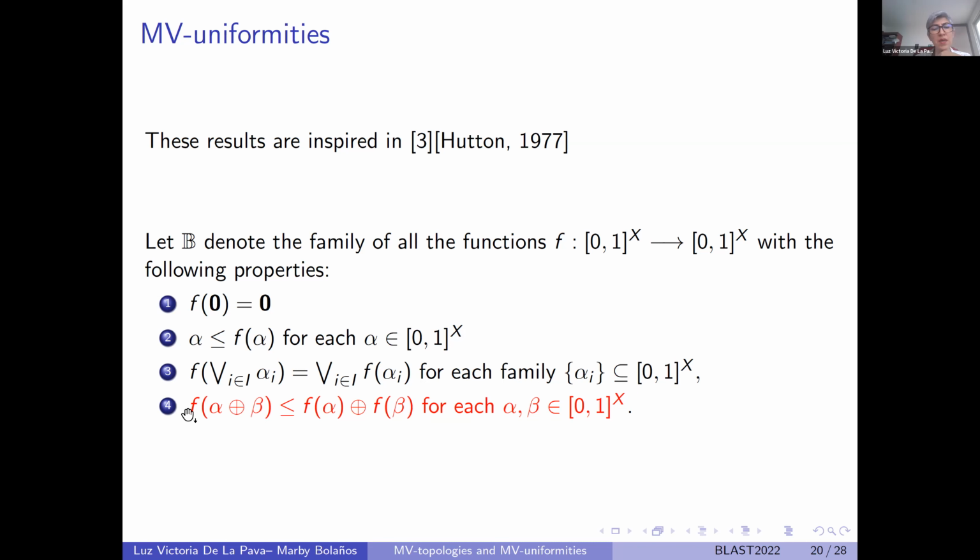And we add this property that is a convenient property that is compatible with the concept of topology.